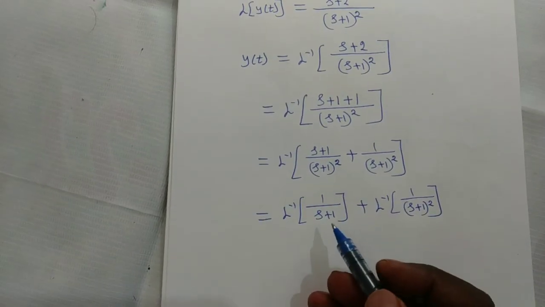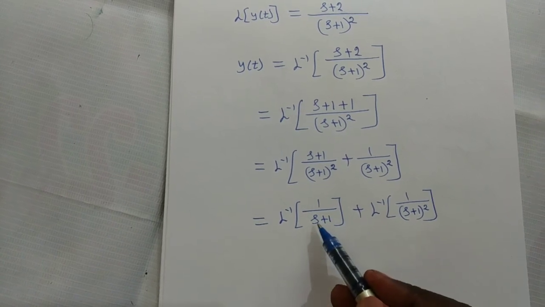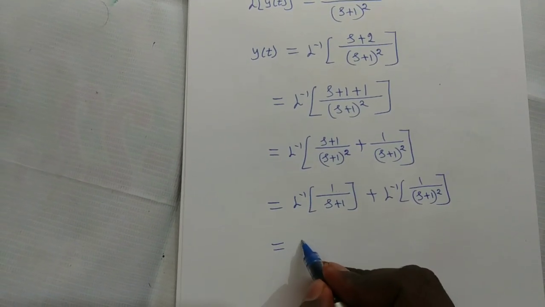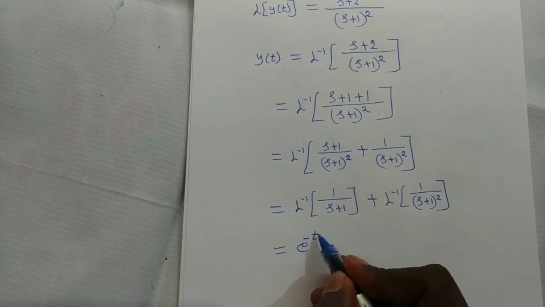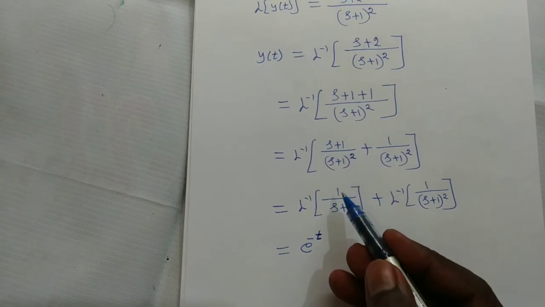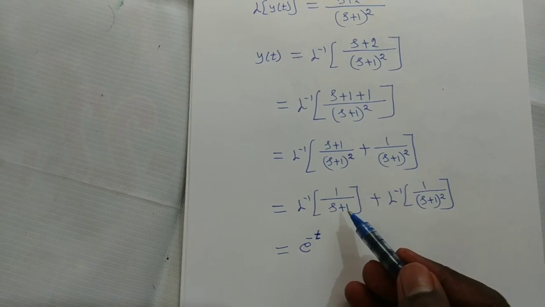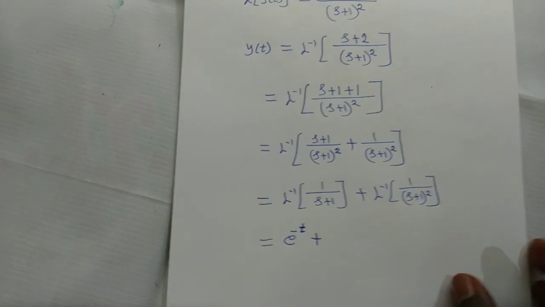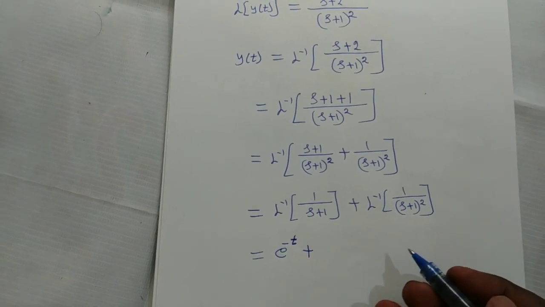Okay, so this is a direct formula. L inverse of 1 by (s plus a) is e power minus at. A is 1, so that it is e power minus t. So this is the formula, L inverse of 1 by (s plus a), so e power minus at means minus t. But you see, this is by the shifting property.